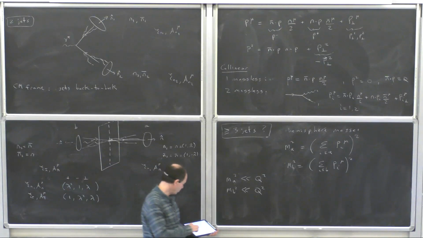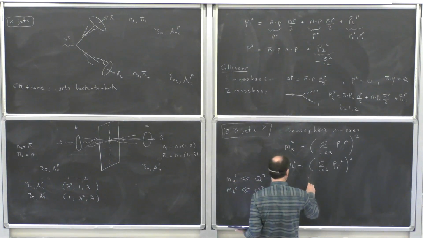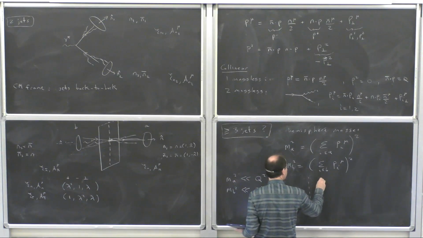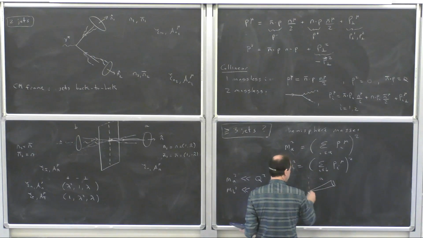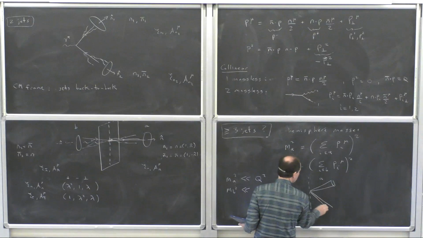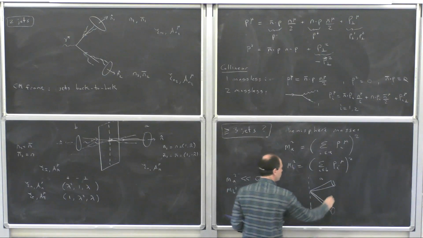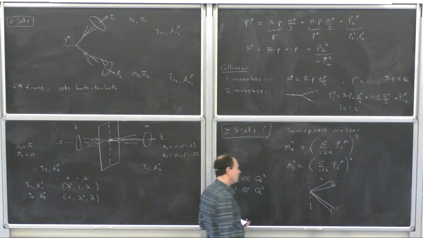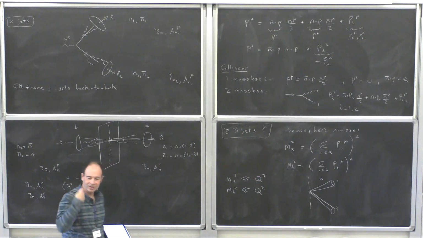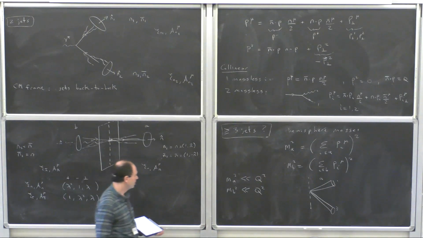So let me draw a picture to explain. We have our hemisphere A, and we imagine that we don't have this configuration, but we have a configuration with 2 jets. I'll call them 1 and 3. Maybe the jet on the other side is called 2.